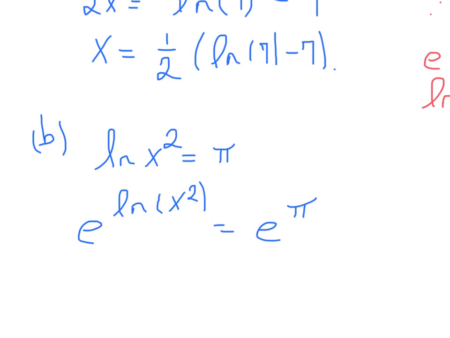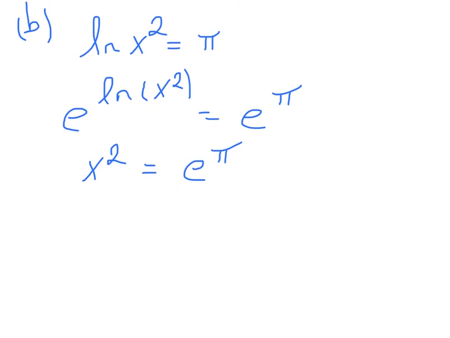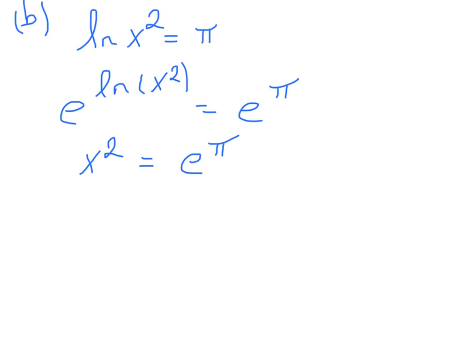So we have x squared is equal to e to the pi, and therefore x can take one of two values. Either x is the positive square root of e to the pi, or x is the negative of the positive square root of e to the pi.